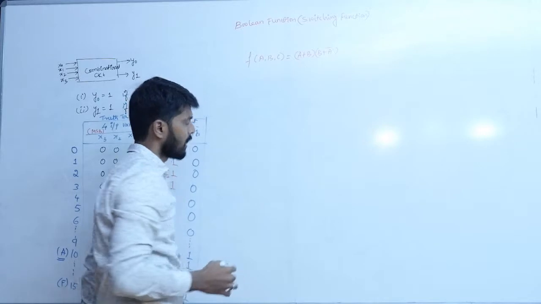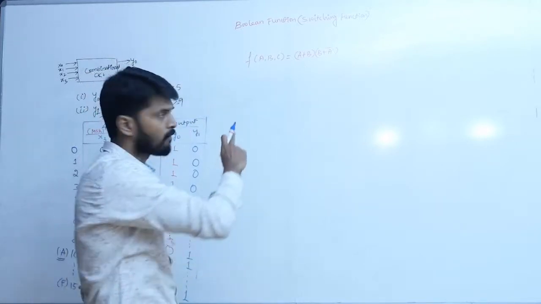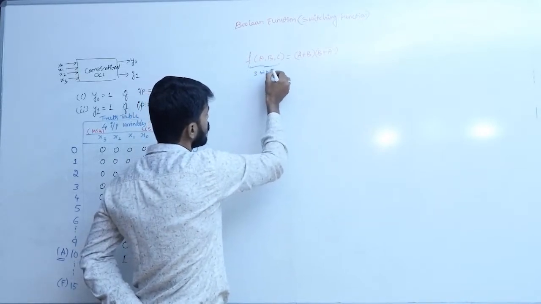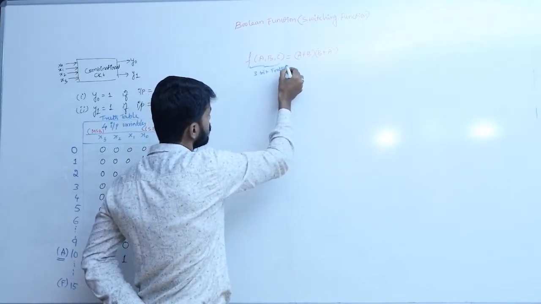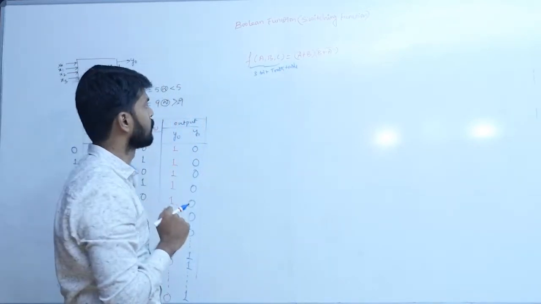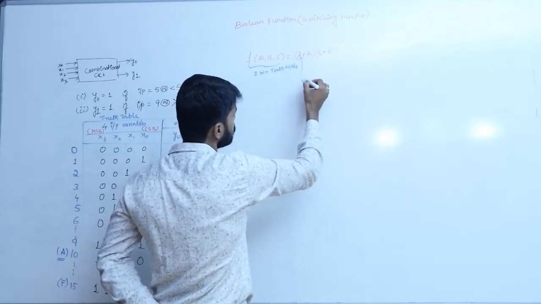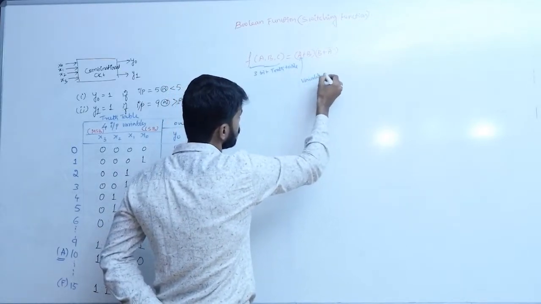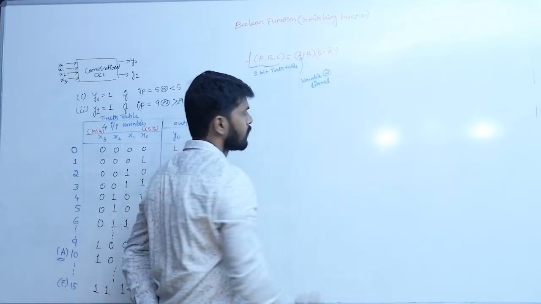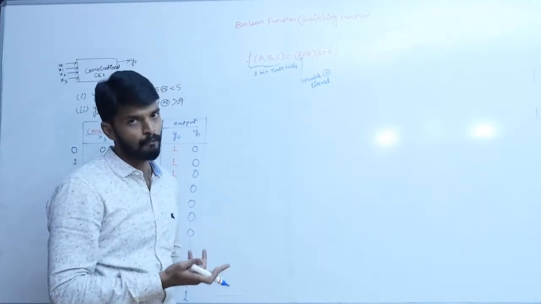This indicates a function having 3 alphabets, so this is a 3-bit truth table. The equation we got from the 3-bit truth table, and here each of these is called a variable or literal. Sometimes it is called a literal, and it is also called a variable.